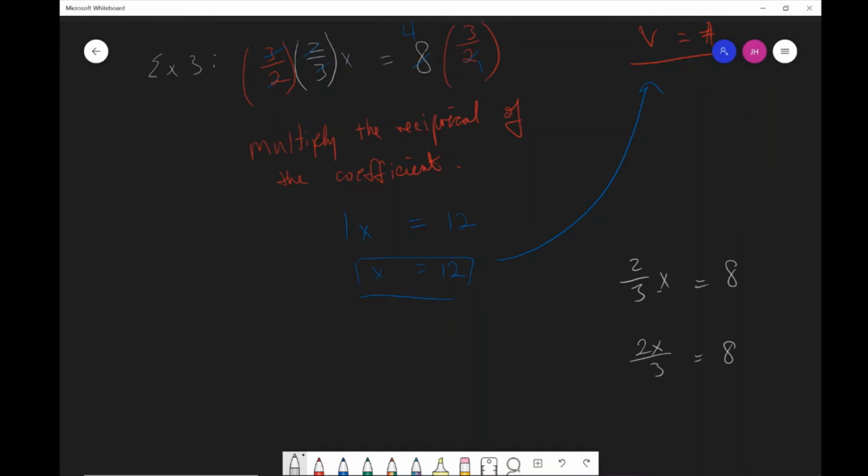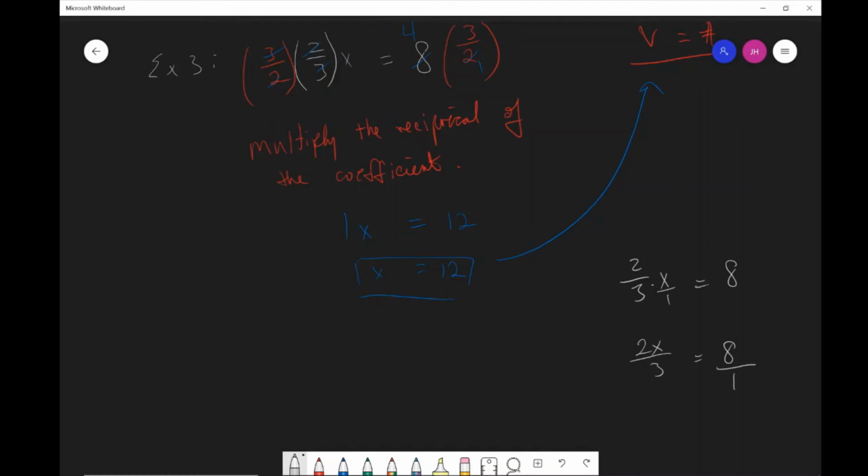Because the x can also be represented as x/1. Go back to what you've learned in fraction multiplication. When two fractions multiply, it will be the numerator times the numerator over the denominator times the denominator. So that will become 2x/3 equal to 8, or 8/1.